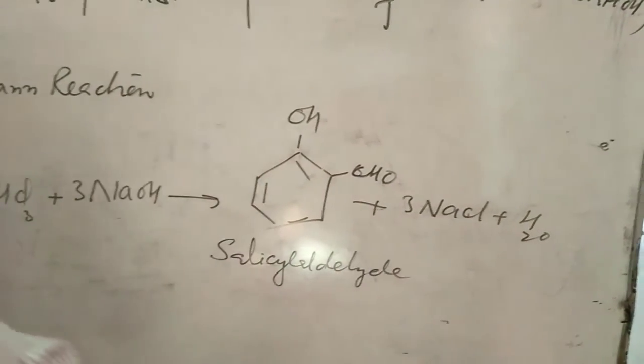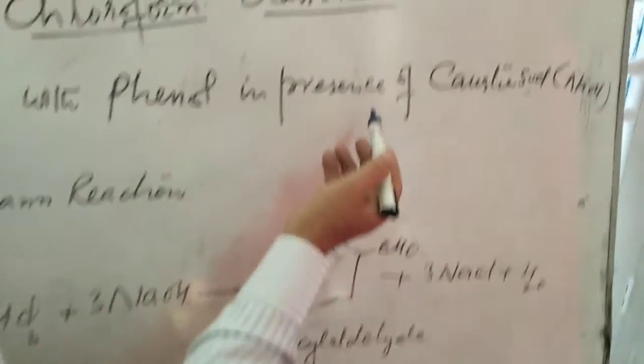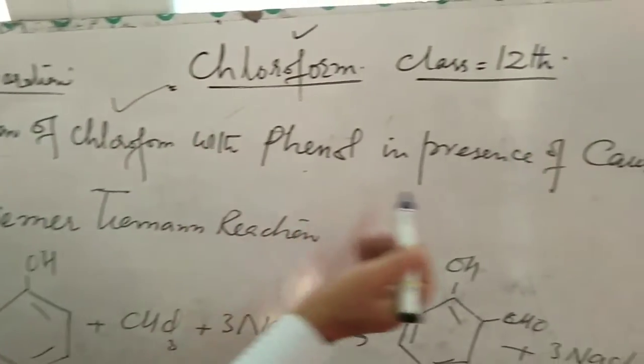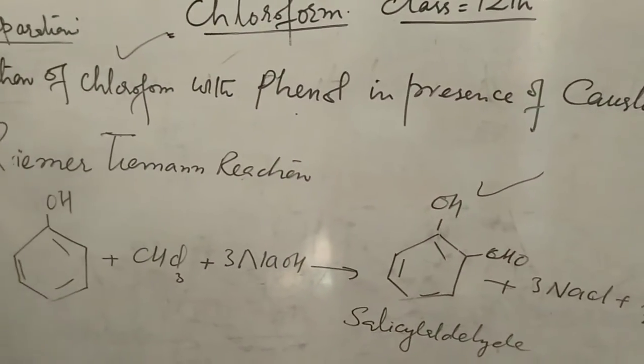This is called Reimer-Tiemann reaction. Reaction of phenol with chloroform in presence of caustic soda, we get the aldehyde here. So this is called a Reimer-Tiemann reaction.